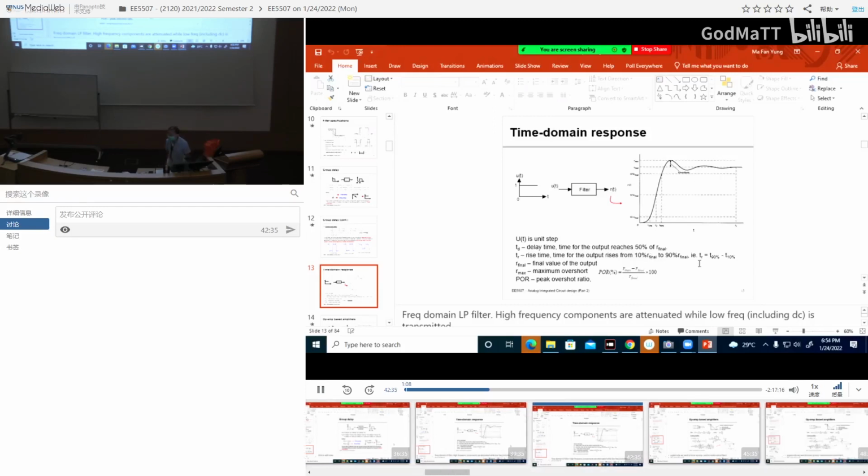That's typically the measurement of rise time. Then what is the final value of the output? And sometimes there's also an overshoot. What's the percentage of overshoot ratio? All these things.